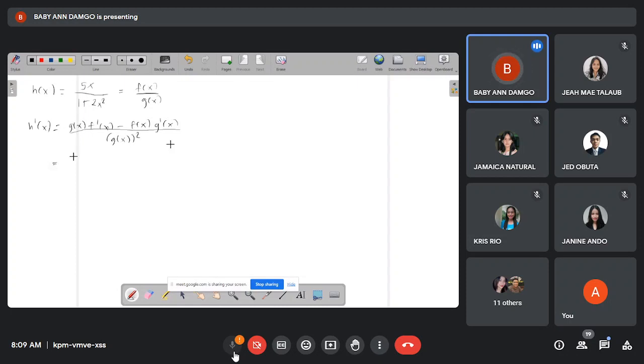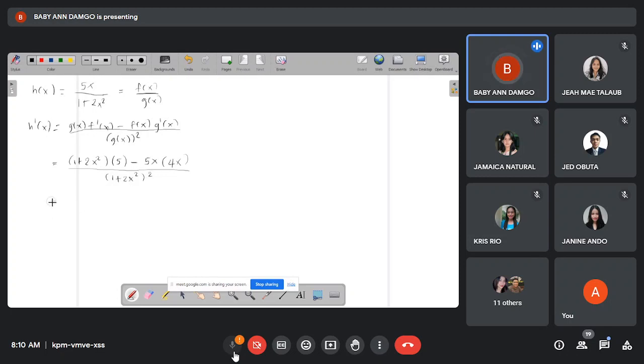So, copy the g of x, the denominator, 1 plus 2x squared, times the derivative of f of x, so the derivative sa numerator is 5, minus your f of x, 5x, so copy ra ha, and then next, you need to find the derivative of g of x, the denominator, so this is 4x all over the g of x, so this is 1 plus 2x squared to the power of 2.